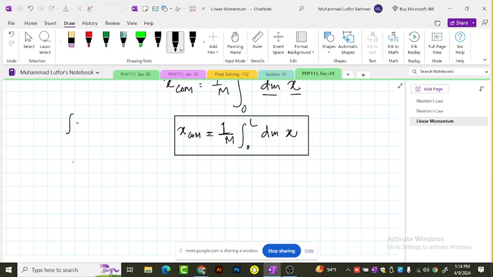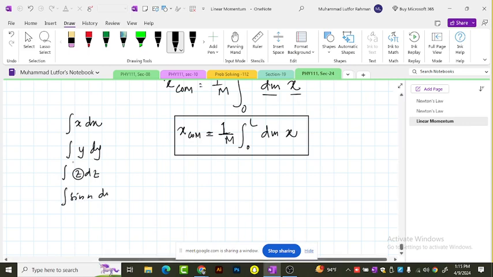Remember, when you write integrate, you write x into dx, right? Or y into dy, or z into dz. As a function of z, the function will be in z. You write sine x into dx, but if you write sine z, then you cannot integrate this one.